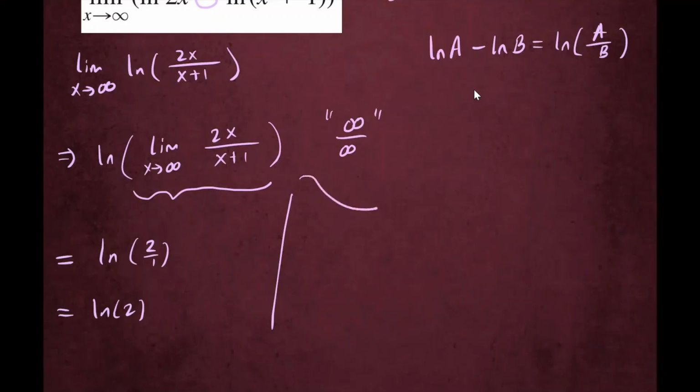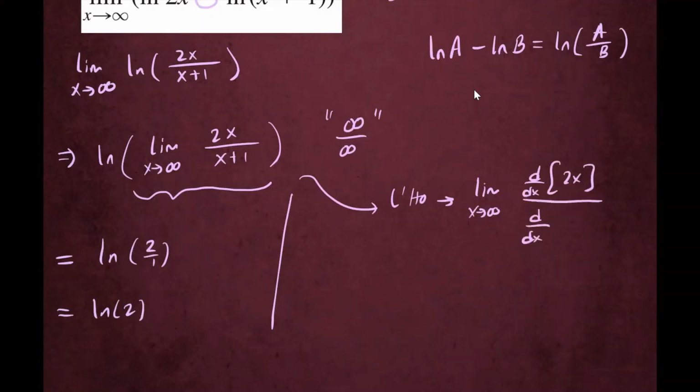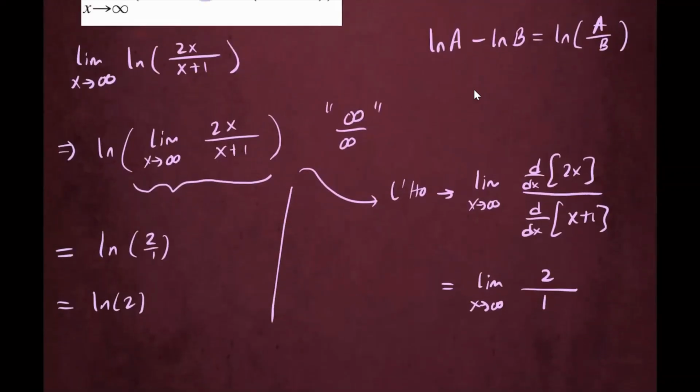So apply L'Hopital's rule. You will have the limit as x approaches infinity of, we differentiate the top and we differentiate the bottom. The derivative of 2x is 2, and the derivative of x plus 1 is 1. The limit of a constant is always that constant.